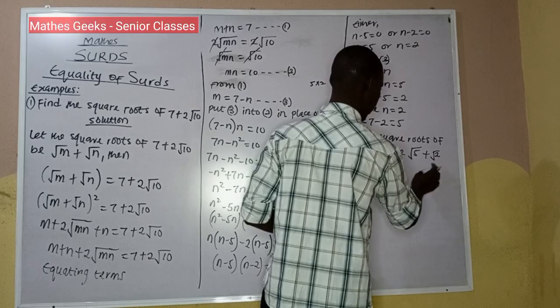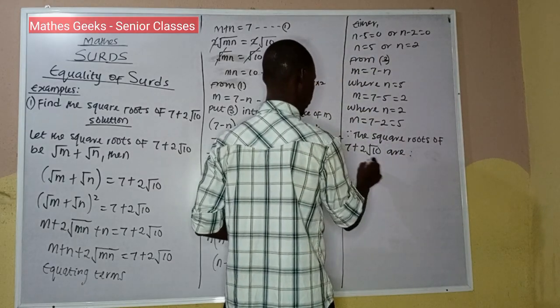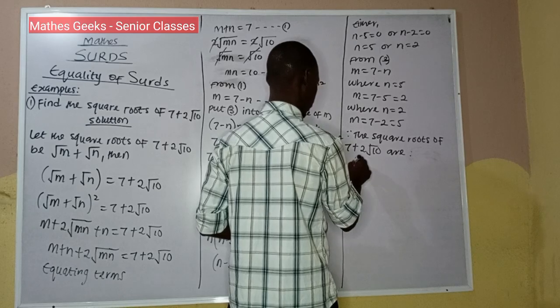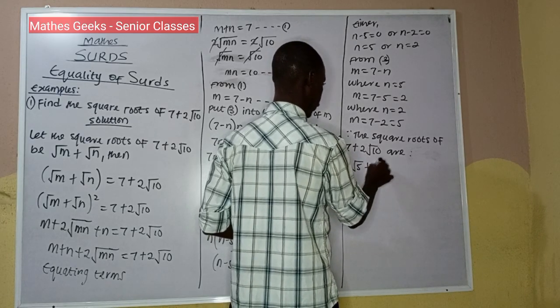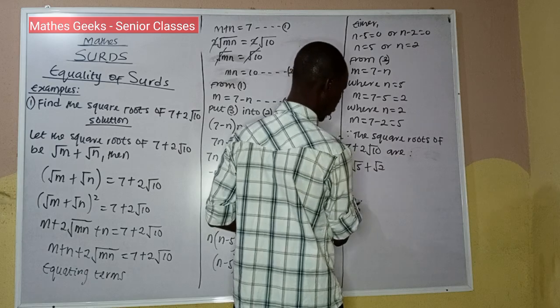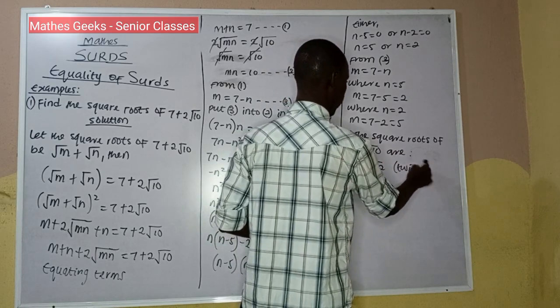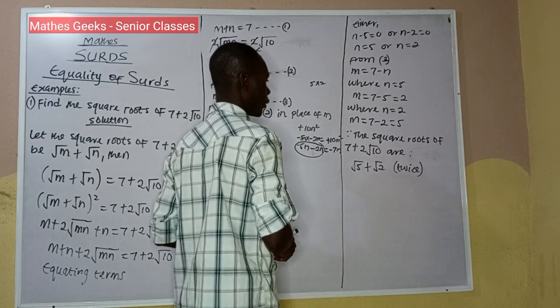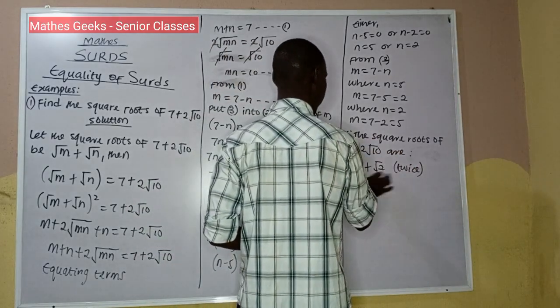Let me write it here: root 5 plus root 2. So that's the result. The square root of 7 plus 2 root 10 is root 5 plus root 2.